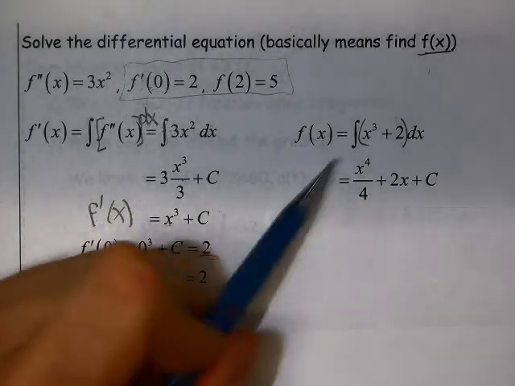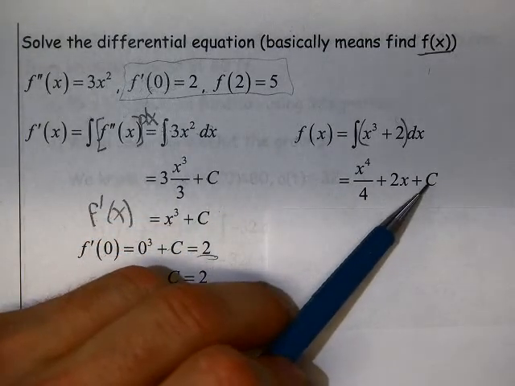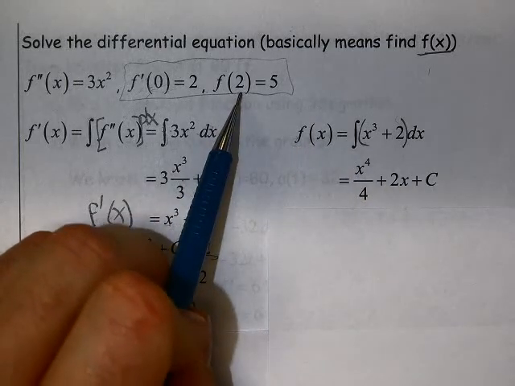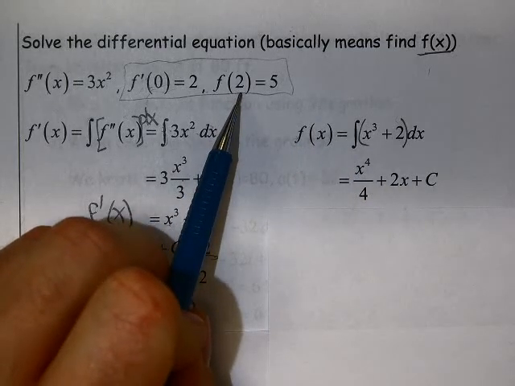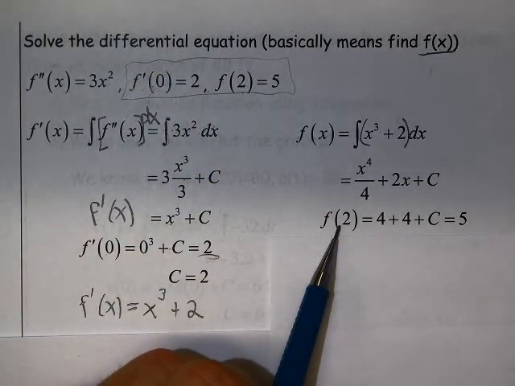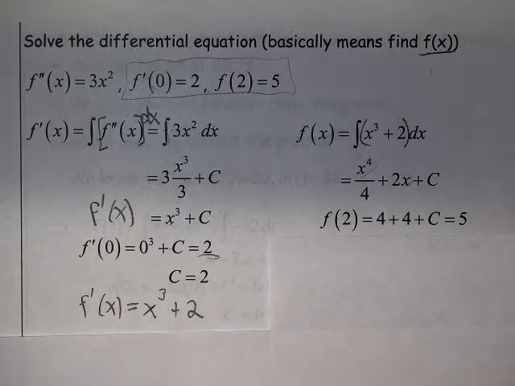And again here, I have f equal to this plus c. I don't yet know what c is, but I have been given this information, f of 2 equals 5. So I substitute a 2 in for the x.